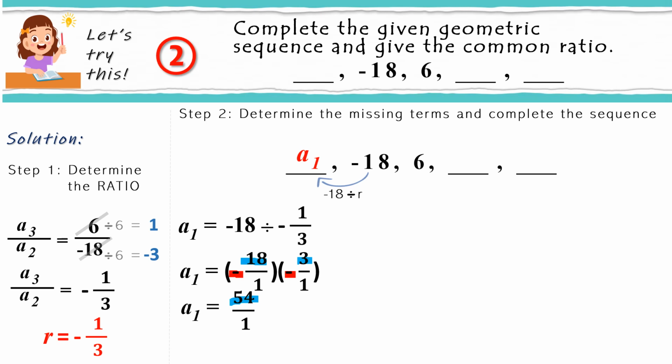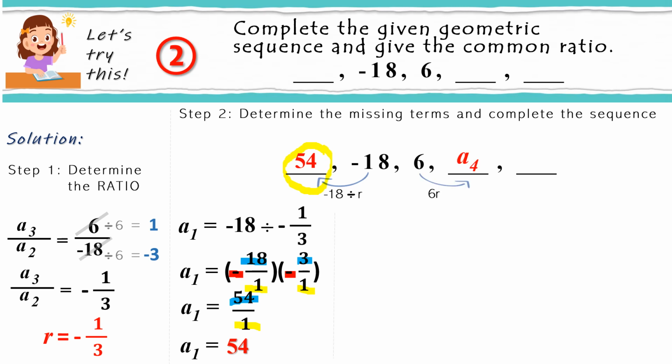And then, we have 1 times 1 is 1. So, our first term is 54. And then, we will have our first term in the sequence. Sulat na natin dito ang ating first term. Yan ang ating first term.